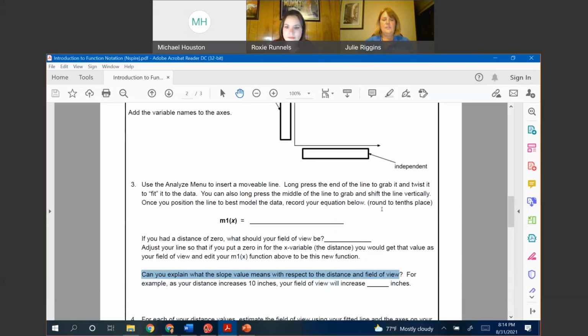So what do you think students would say, or what would you hope that they would say about slope with respect to the distance and the field of view if your slope was 4/10?